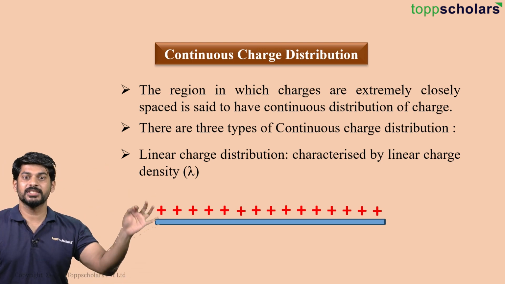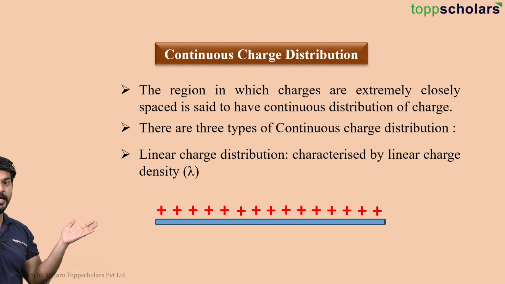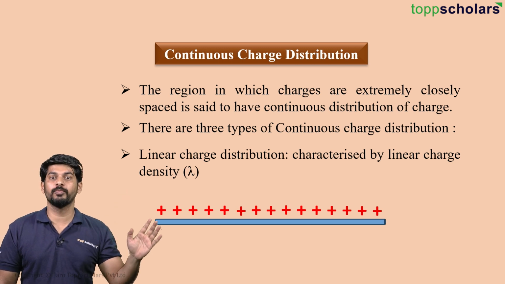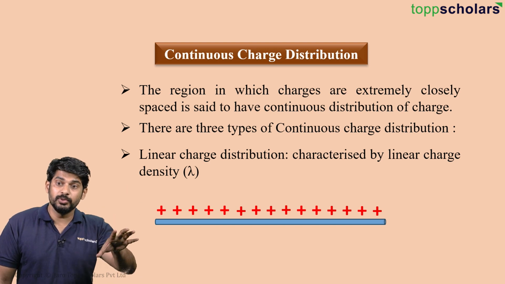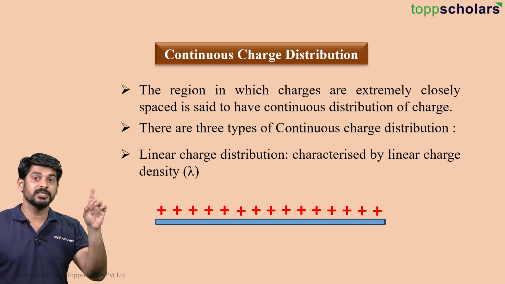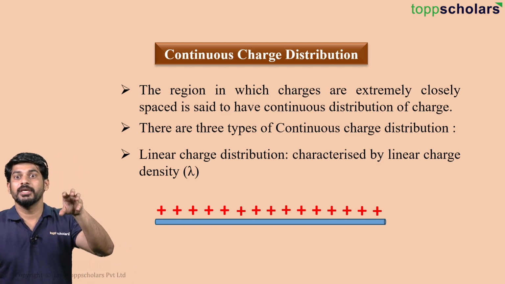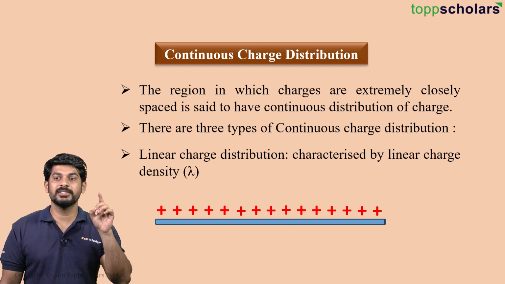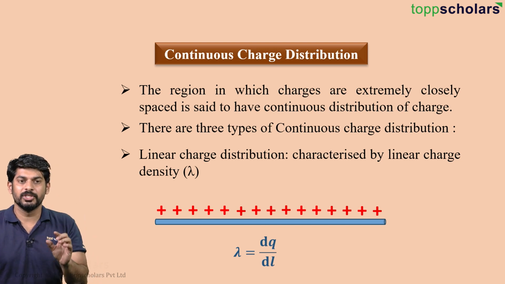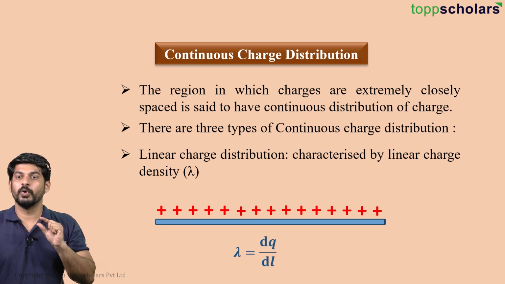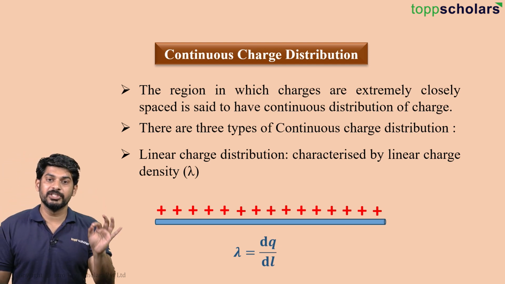If the total charge is distributed over the whole length of, let's say, a wire or some other material, then such a distribution is called linear charge distribution. To facilitate the discussion, we introduce the concept of linear charge density, lambda, and lambda is equal to dq upon dl, which is small charge upon small length. So charge per unit length is the linear charge density.